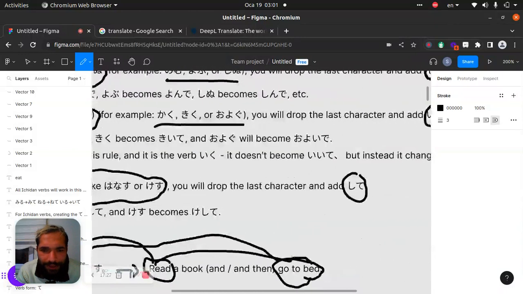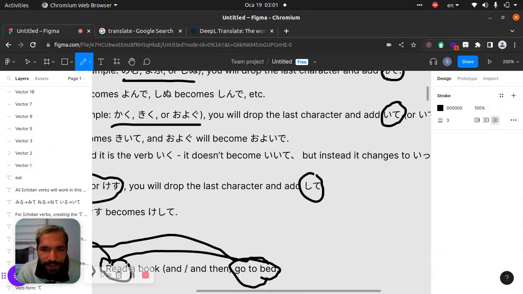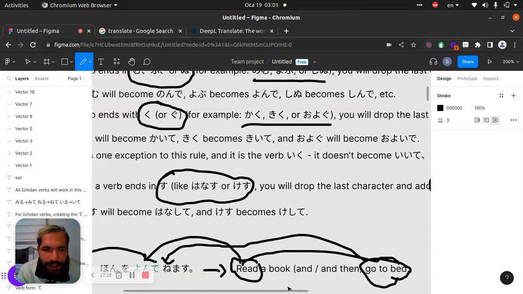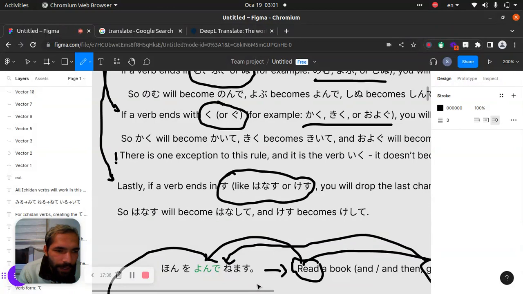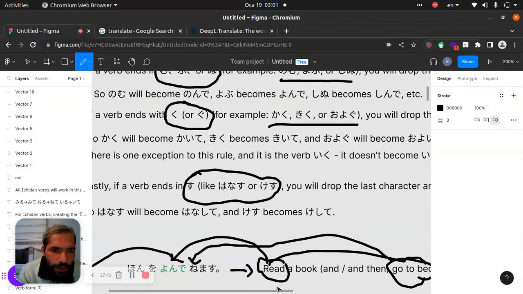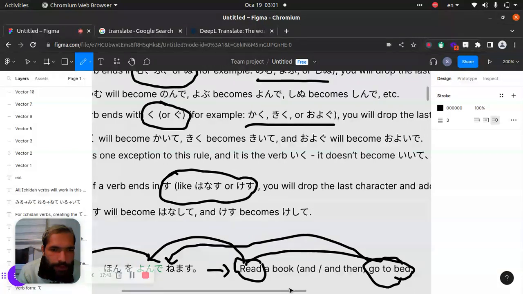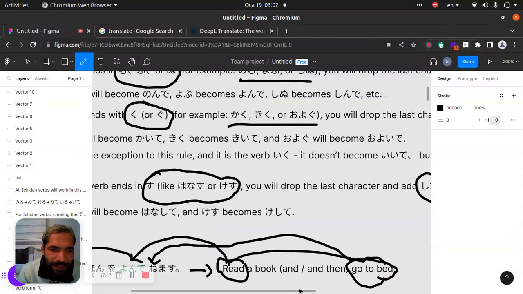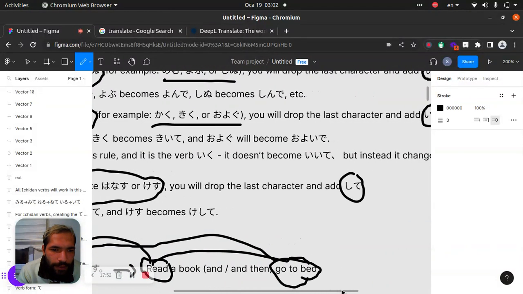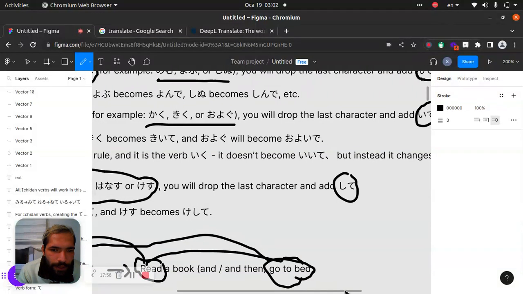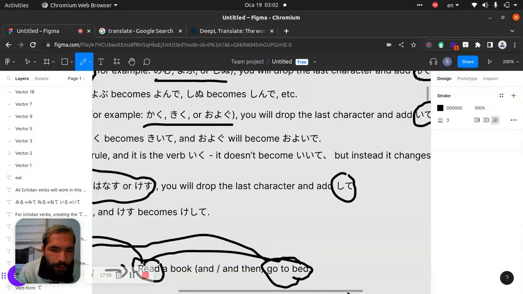You will drop the last character as I mentioned before and you will add ite. Okay, in this case, we will add ite. So kaku will be like kaite, and kiku will be kite. Not de, kite. And oyogu will become oyoite.